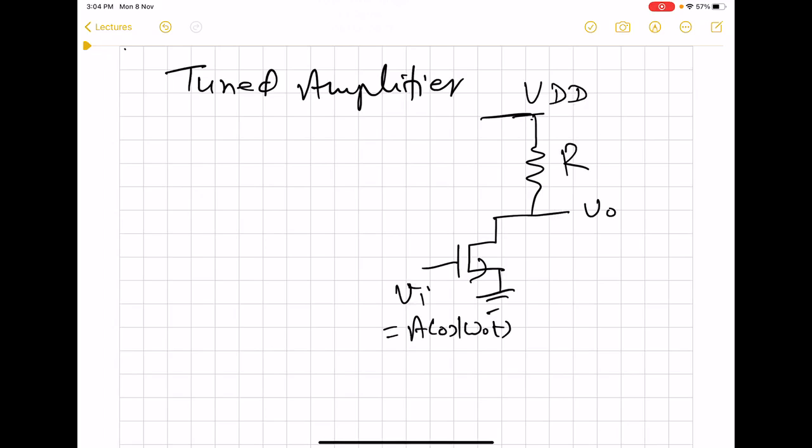But we can make this amplifier amplify only one specific frequency by adding a parallel LC with the resistor.